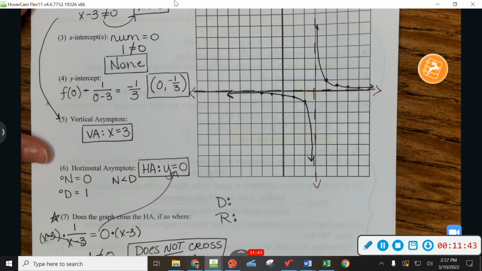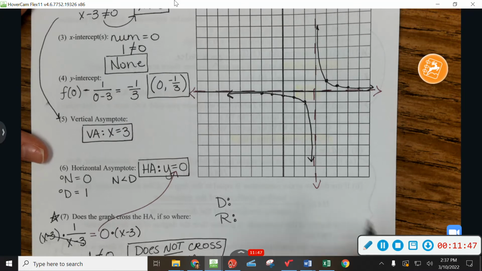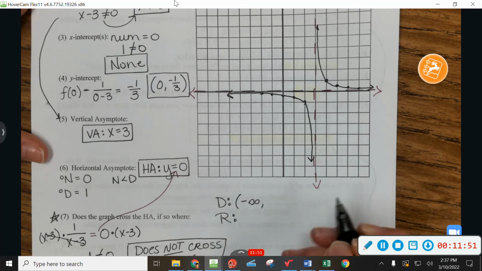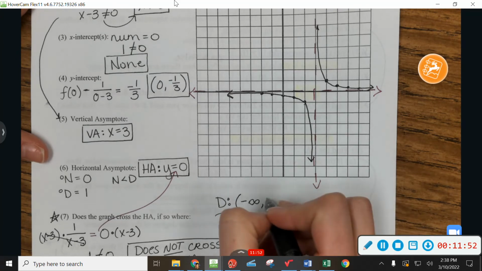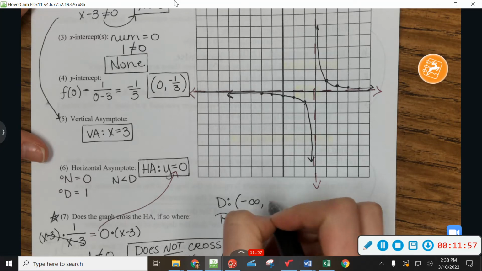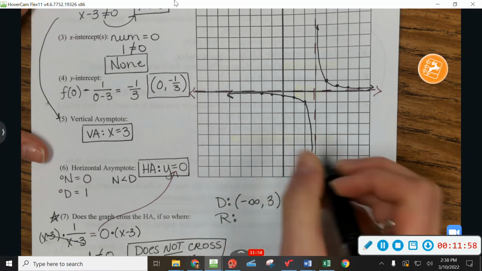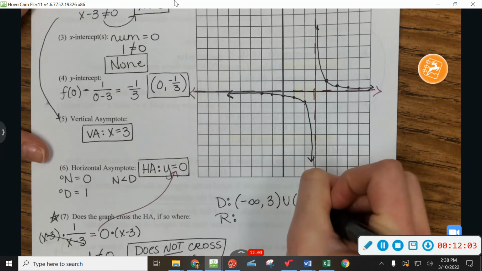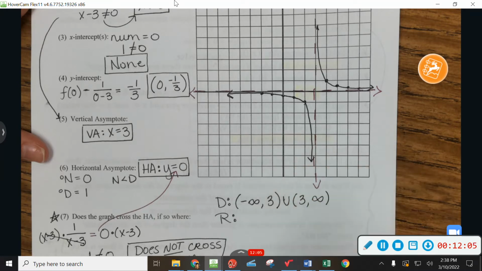Okay, so once you graph it, we're going to talk about our domain and range. Your domain is going to go from negative infinity to what? Y'all remember? Your vertical asymptote is going to break this domain up. So it'll be 3, close parentheses, do your union, open the parentheses again, 3 to infinity.